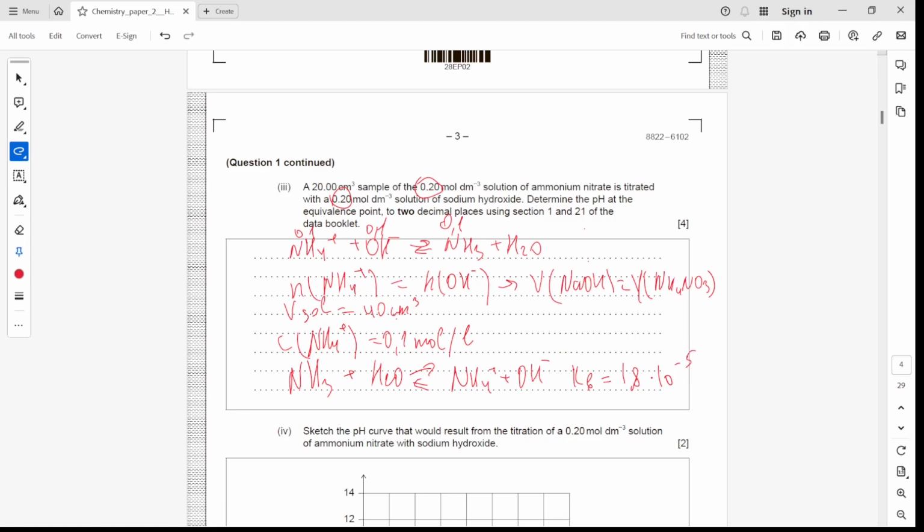And what we can do is say that the initial concentration of ammonia was 0.1, and X of them reacted with water and gave us X ammonium ions and OH minus, right? And we can write the equilibrium constant like this.